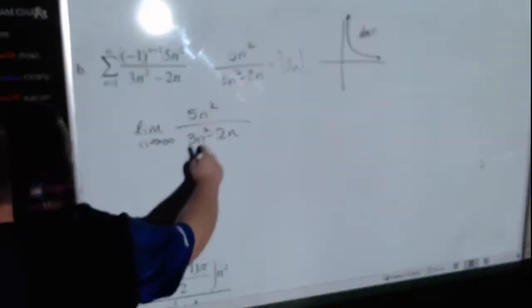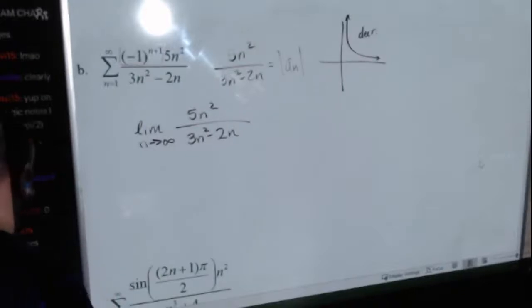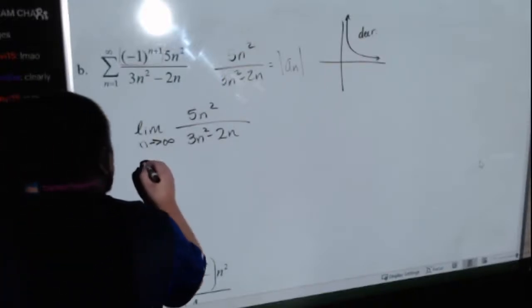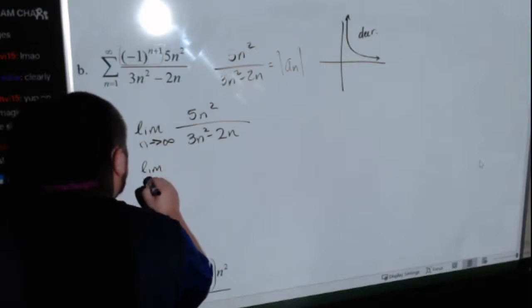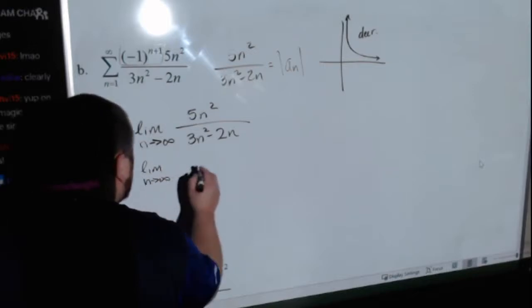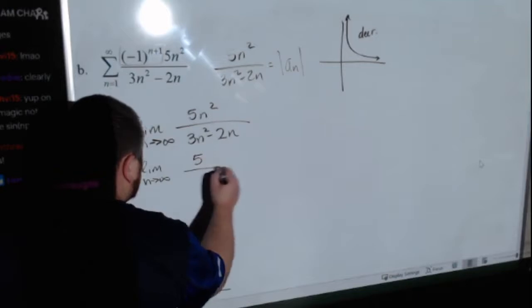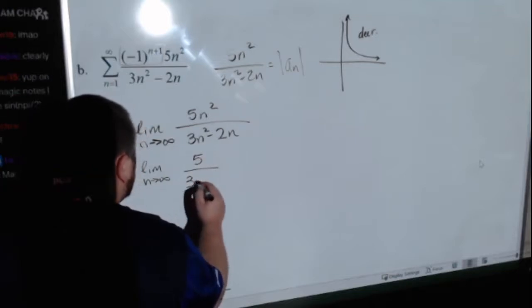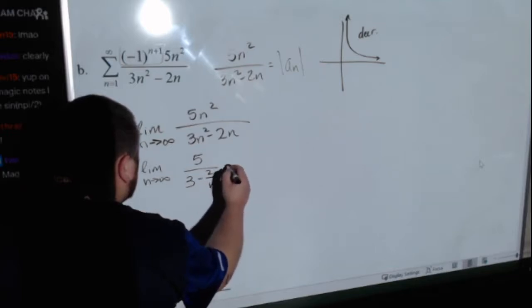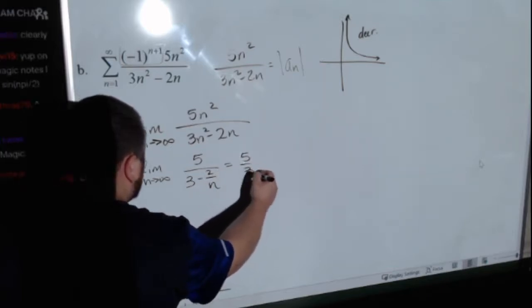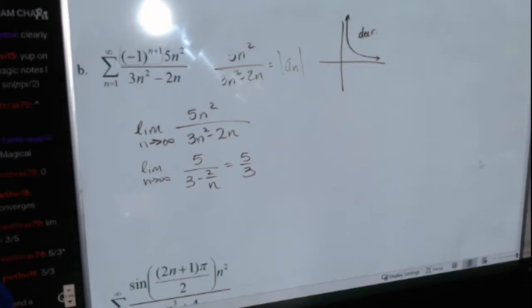Again, choose the highest power of n in the denominator. So we get 5/3.